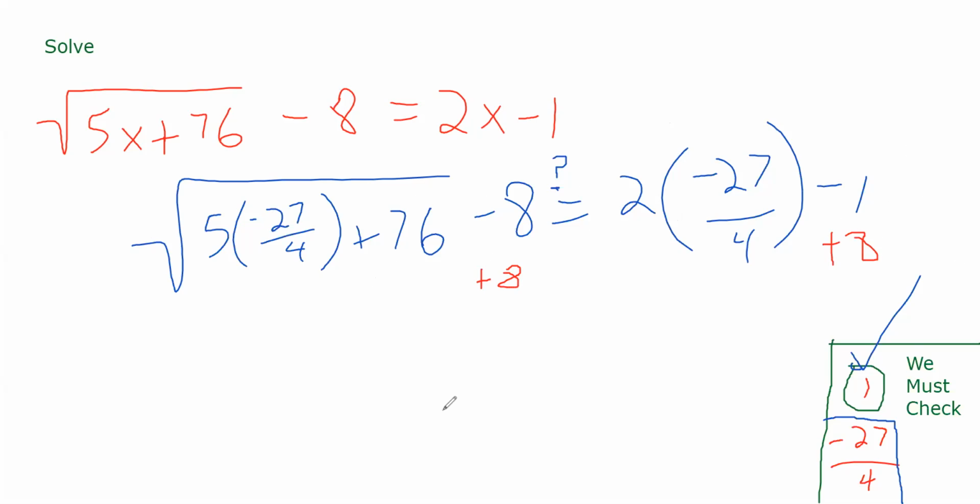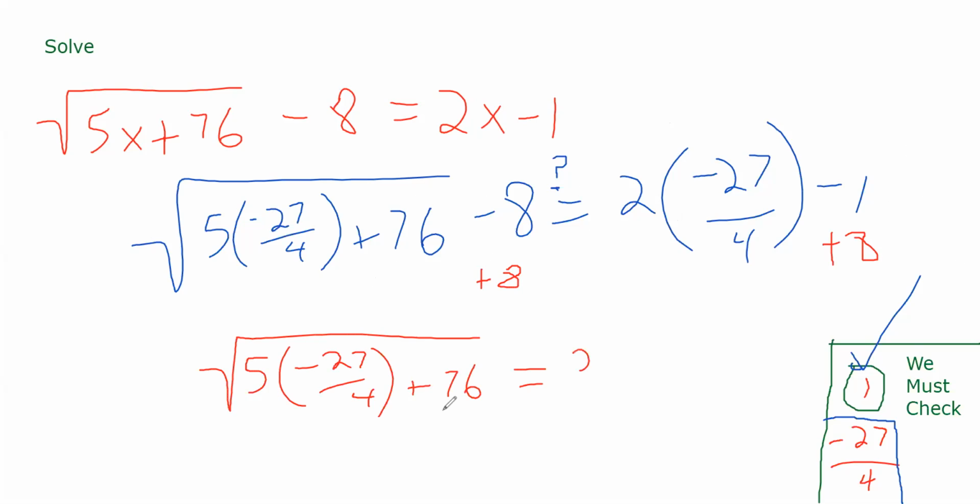You don't necessarily have to completely solve it. We can use a little logic here. I'm going to add that 8 over, and now let's just eyeball it. Yes, 5 times negative 27 over 4 is going to be nasty.